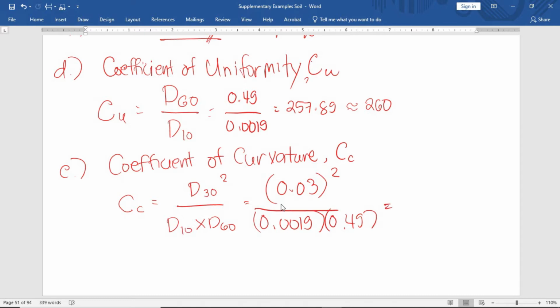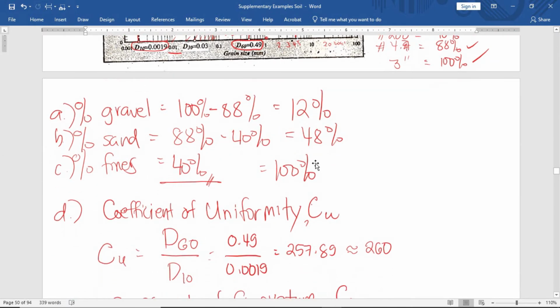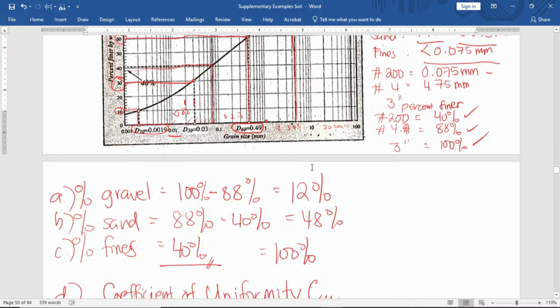So, ang sagot natin is 0.9667. Yan yung pagkuha natin ng percent ng gravel, sand, fines, CC, CU using USCS method or Unified Soil Classification System.